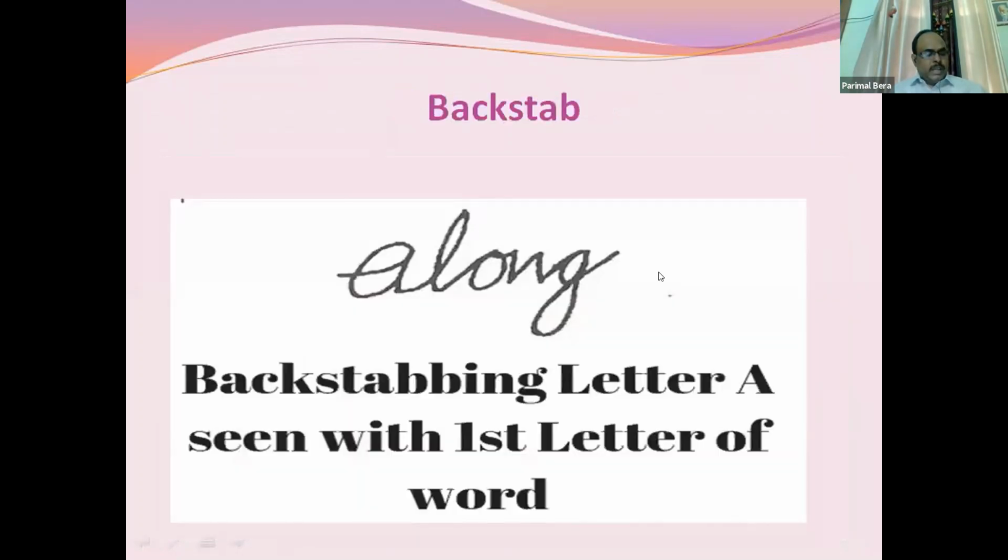And please see this line. See here, please see the A. It is called the backstab A. So here we have to notice the letter A. It must be the first letter of a word and of a sentence. It starts in such a way, like the A which I have shown in my slide.